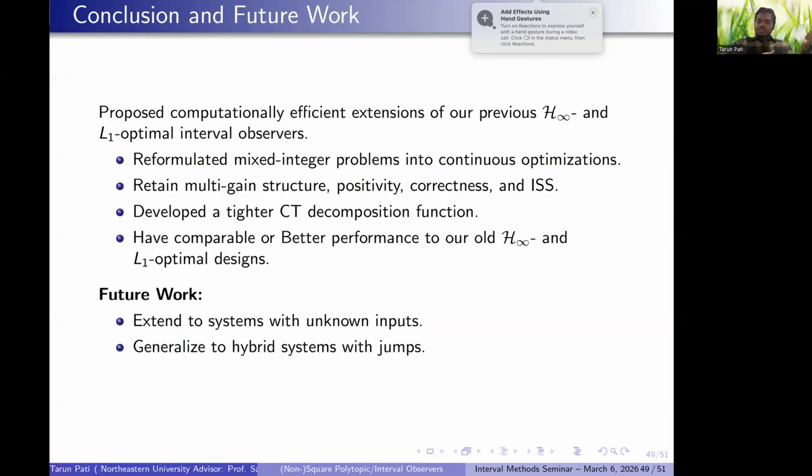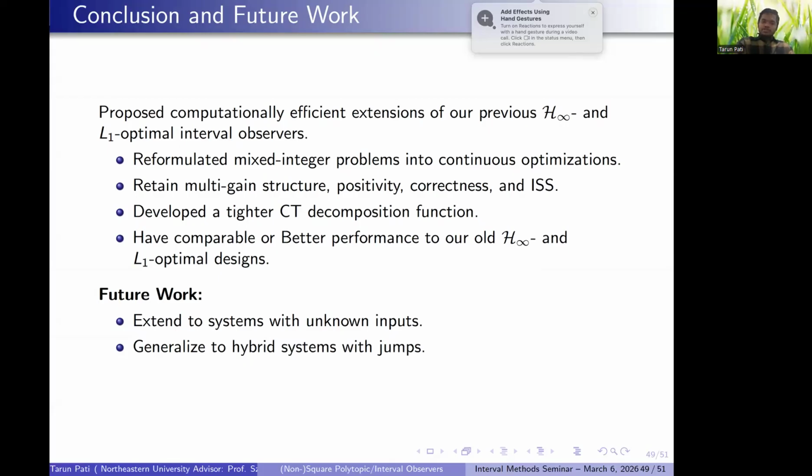We also used the L1 optimal and H-infinity optimal designs to make the estimation error input-to-state stable. We also developed a tighter continuous time decomposition function, and showed that our new proposed methods have comparable or better performance than our old approach, which involved absolute value terms.